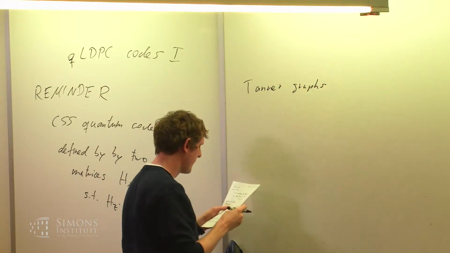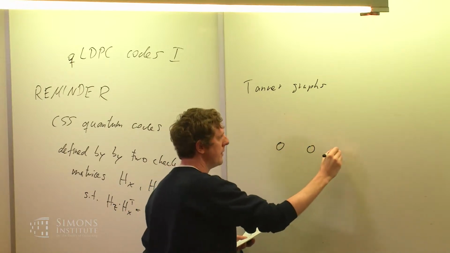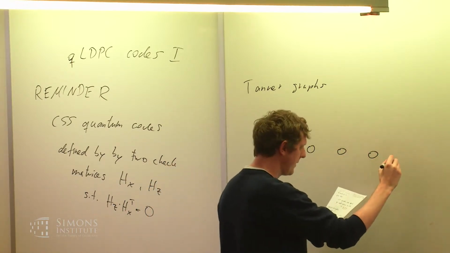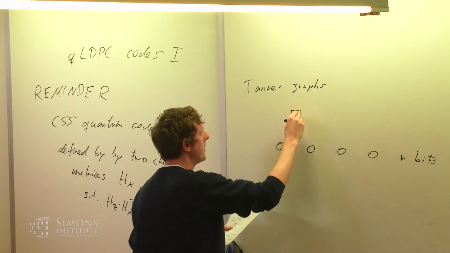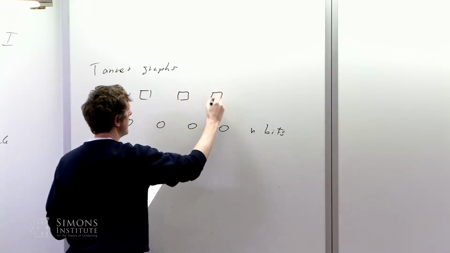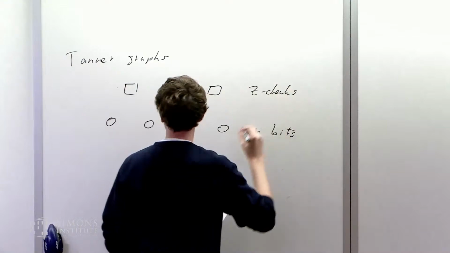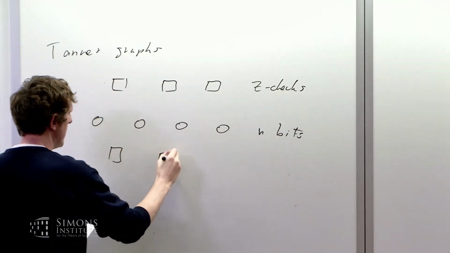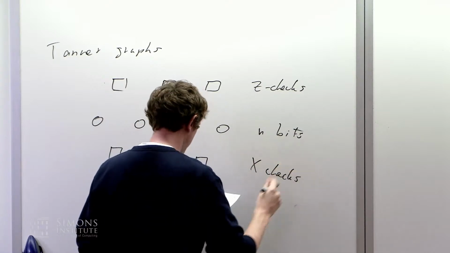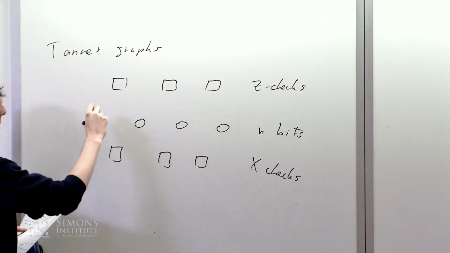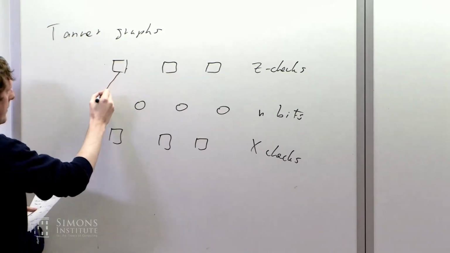So let me draw this. Here we have three layers. The middle layer are our bits, let's say n bits. Then we have one layer above, which are our Z checks, and one layer below, and these are our X checks. We connect a bit with a check if this bit is participating in that check.